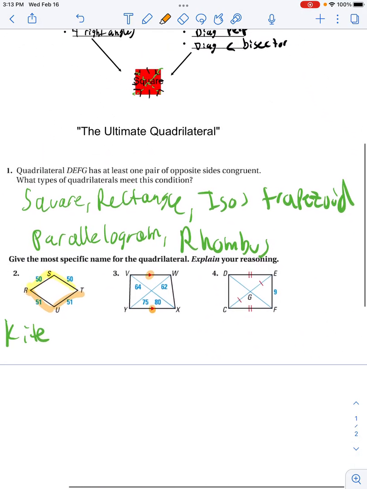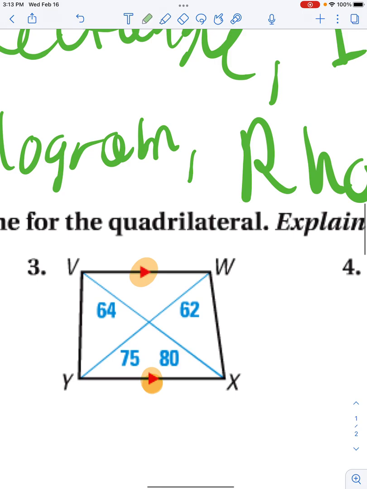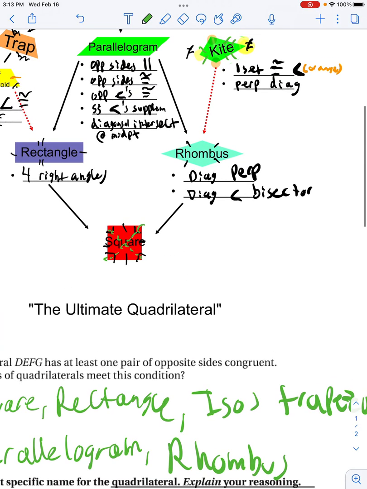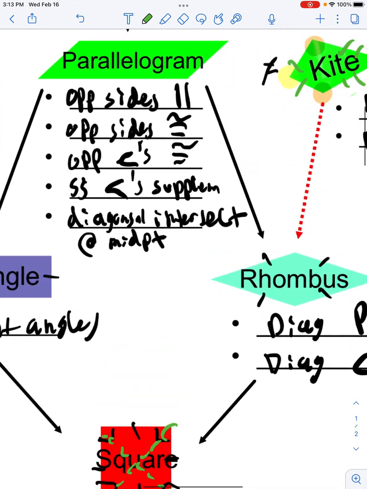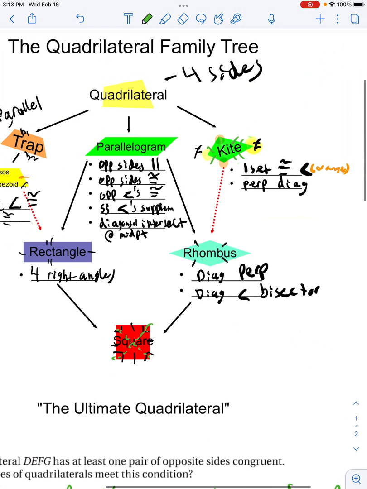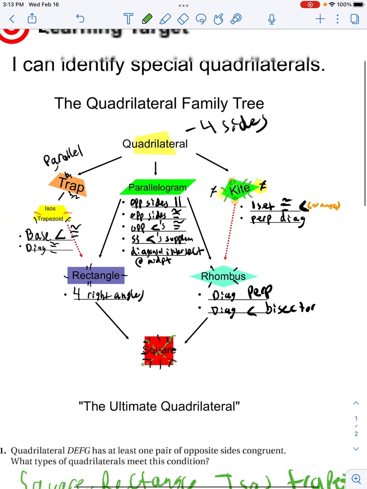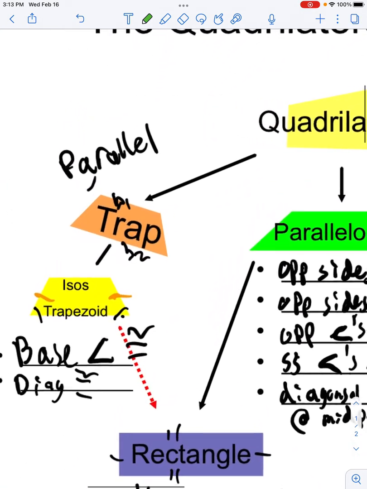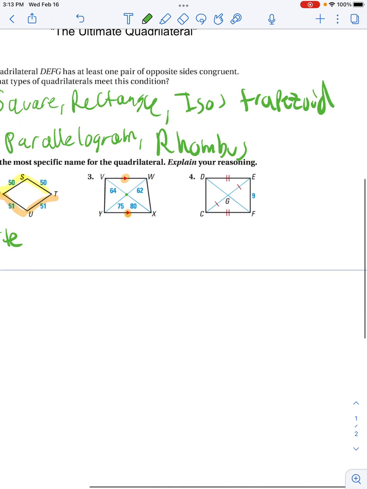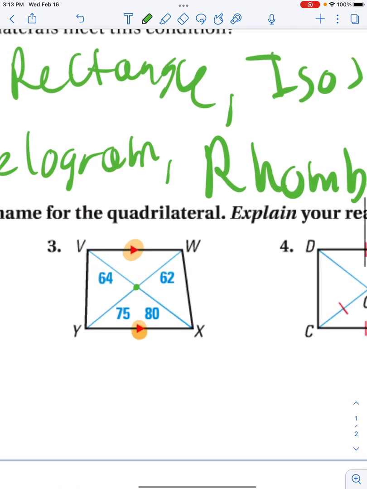So I'm thinking trapezoid, parallelogram, something in those families. Okay, I see that the midpoint is not in the middle, whereas diagonals for a parallelogram intersect at a midpoint. Since that's not true, it's not a rhombus, it's not a rectangle, it's not a square.